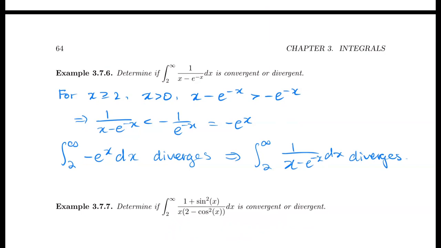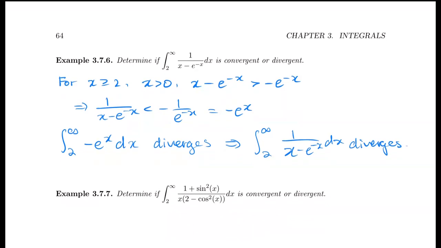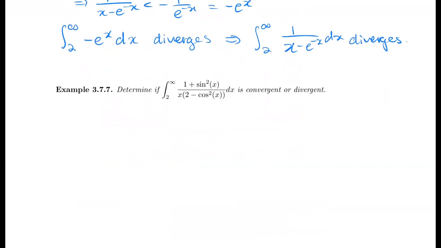Okay, so one more example. We have the integral of 1 plus sine squared of x divided by x times 2 minus cos squared of x.